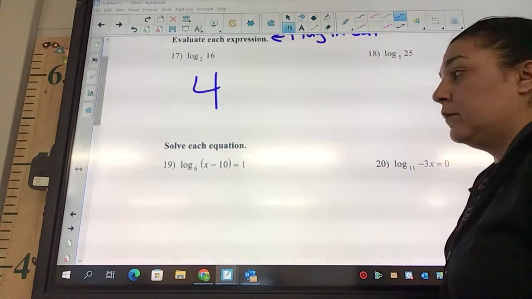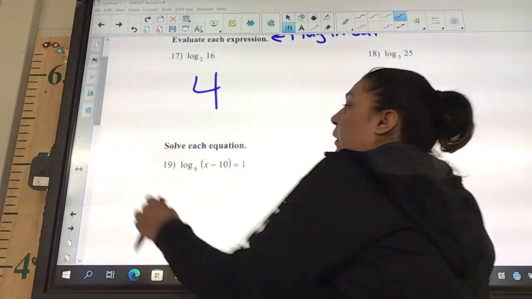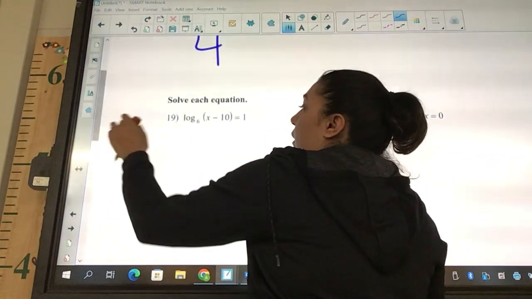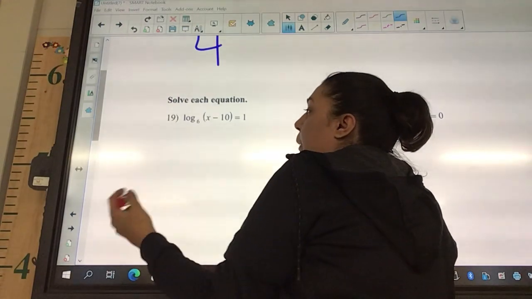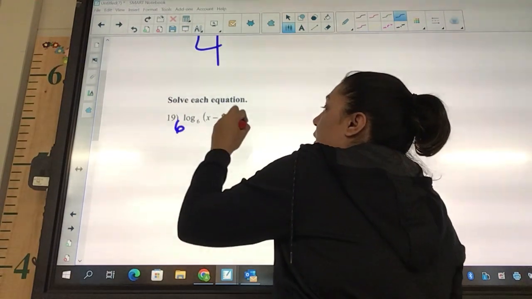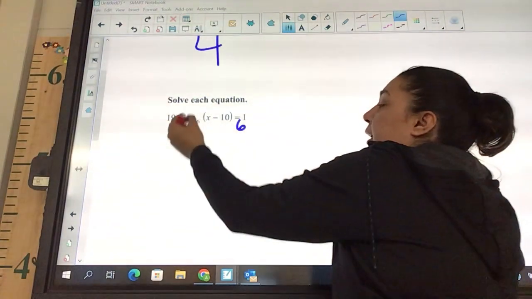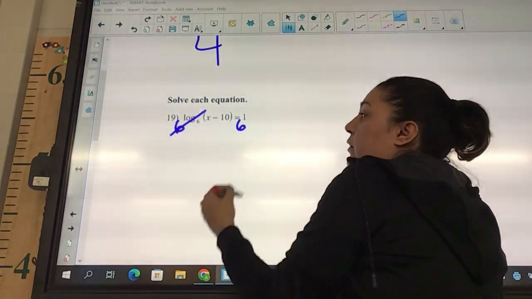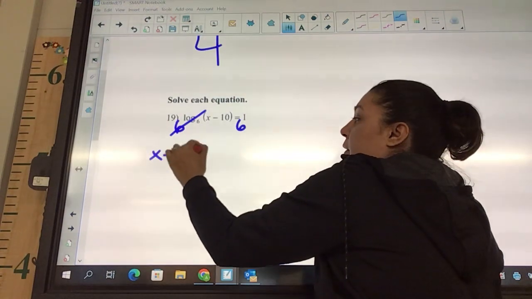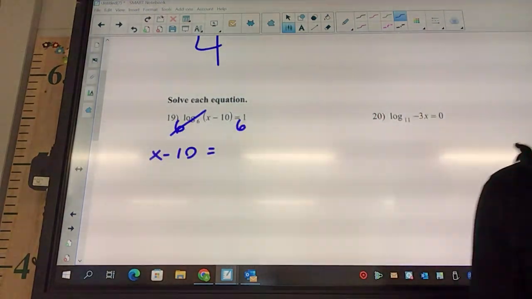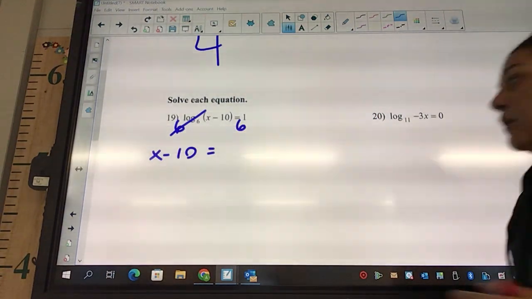To get rid of the log, you need to raise it to the log power. So this is going to be 6 and 6. What happens is this cancels this 6 and this log, and you're left with x minus 10. What is 6 to the 1 power? 6.